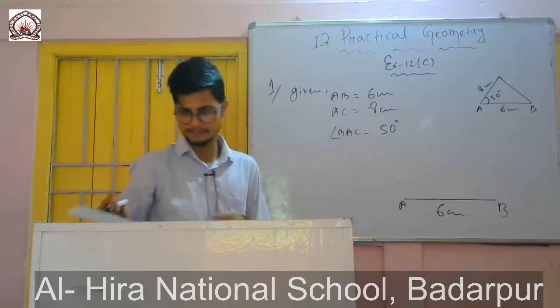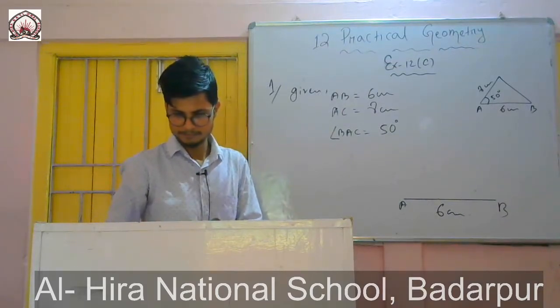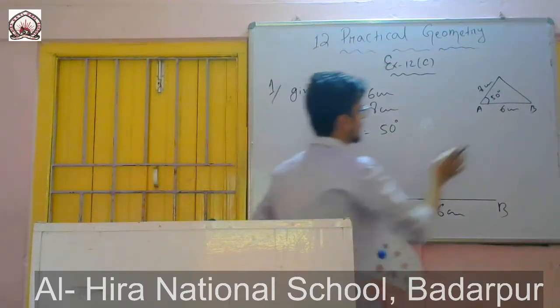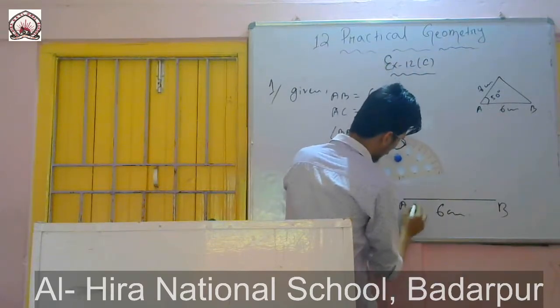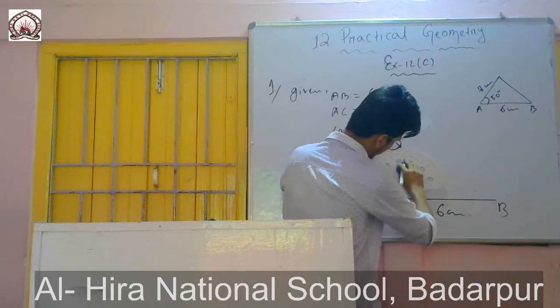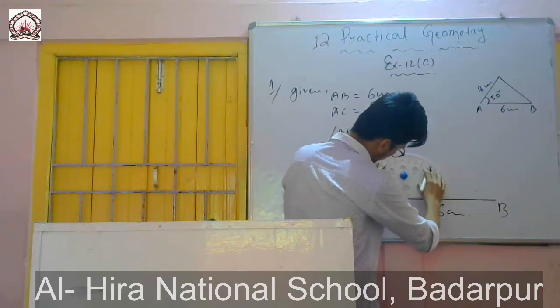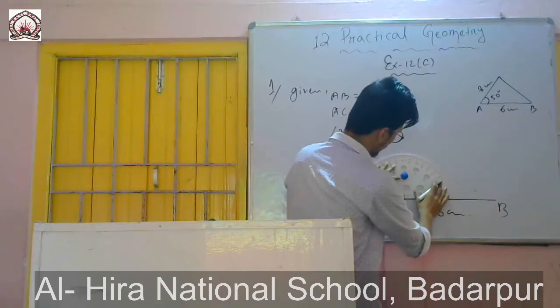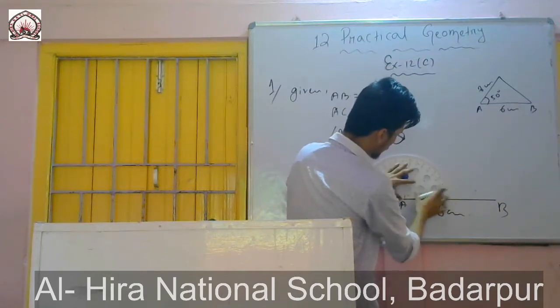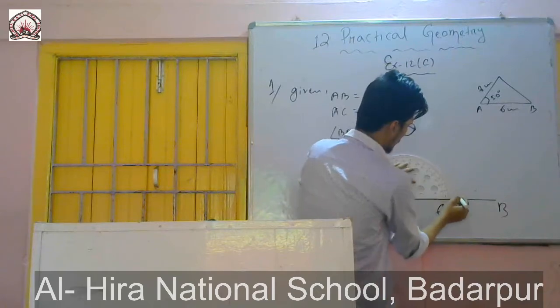You see how to draw this angle. It is a 50-degree angle, and this is my initial point. So I will put my protractor here and make it straight. From where are we counting?